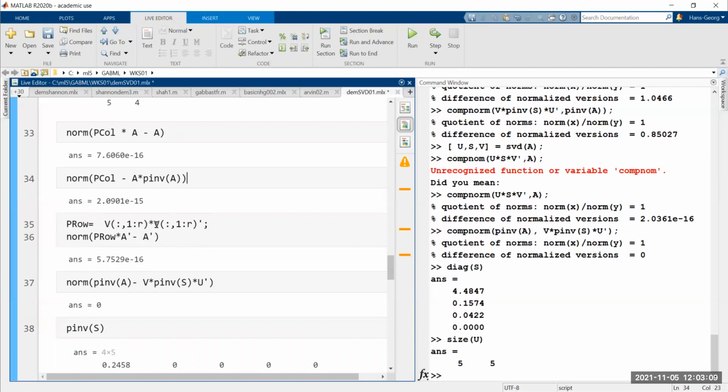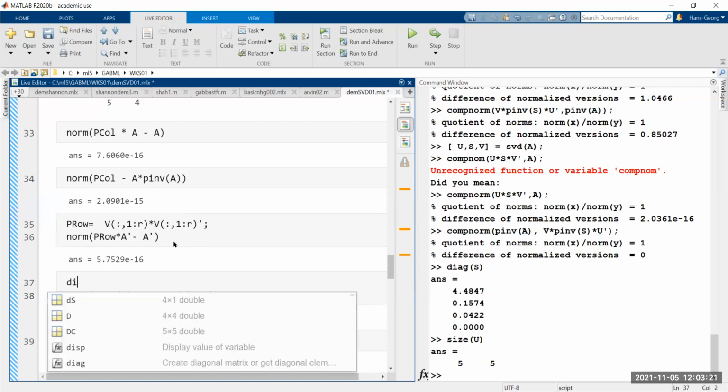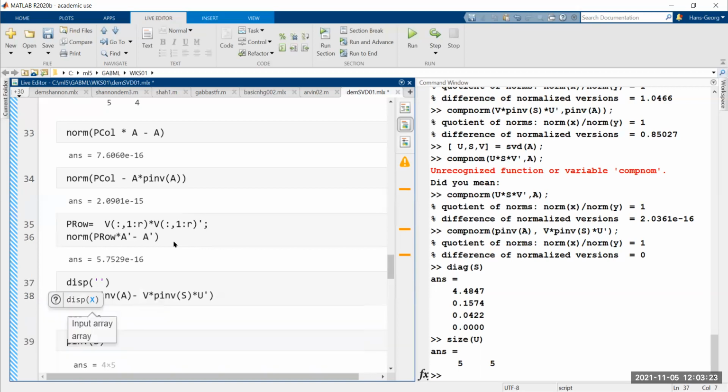So R is the rank, which is 3 in our case. And then you verify this, and that's maybe the interesting point. Maybe I add this in the comment for your documentation. Recall rows are columns of A transpose. I'm writing it this way because I cannot write a comma here in this text string.